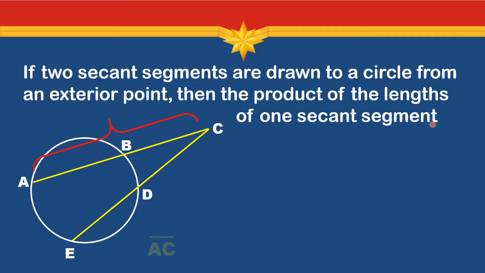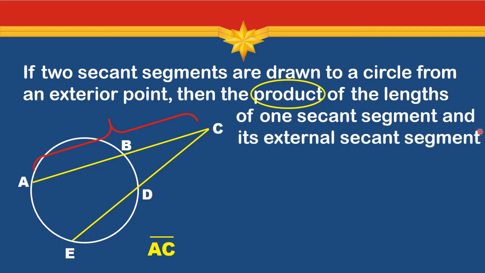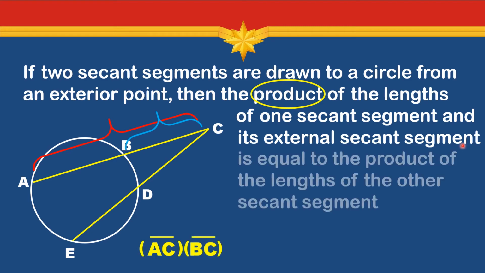And since we are getting the product, we will be multiplying it with its external secant segment. So, kunin natin yung external secant segment niya and multiply natin. So, we have times segment BC.